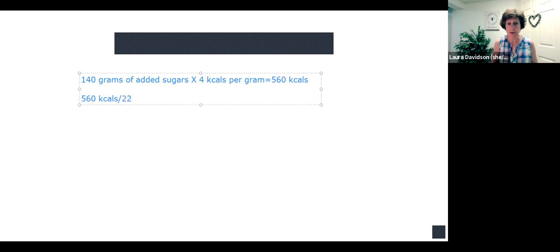We said he consumed 2,200 kcals. Okay, 560 divided by 2,200, that gives us 0.25 for 25%, well above. In fact, he will still be above with 1 bottle of cola per day. So the answer to that question is no, Joe is not within the recommended amount of added sugar.